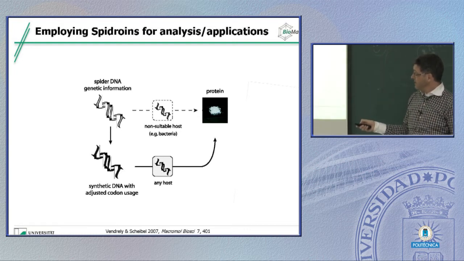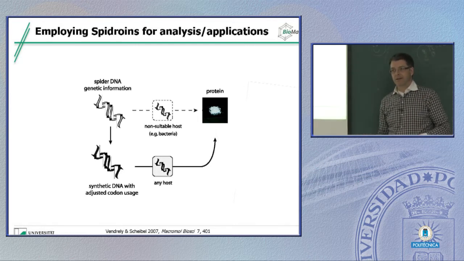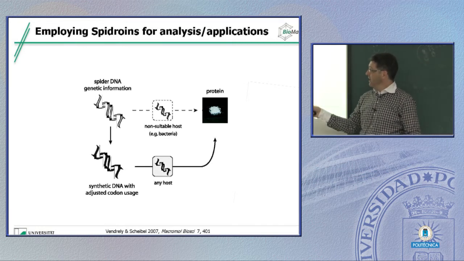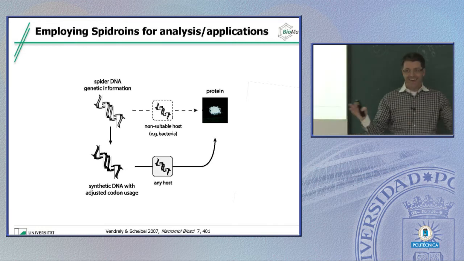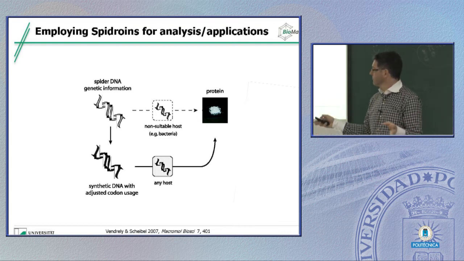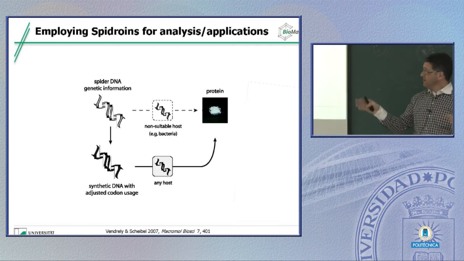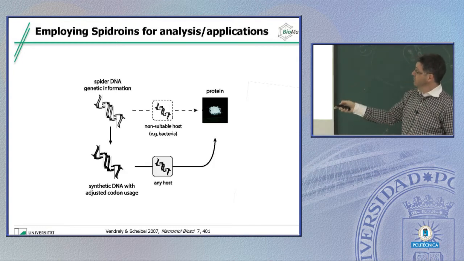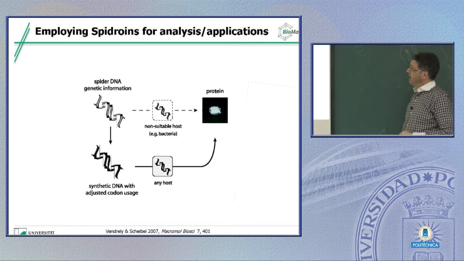We make synthetic DNA with adjusted codon usage, and we remove everything that we think is not necessary. And then we can go to any host because we can do this adjustment for any kind of organism. It can be bacteria, yeast, whatever, plants. And then, of course, we should have a route to our proteins by doing that.